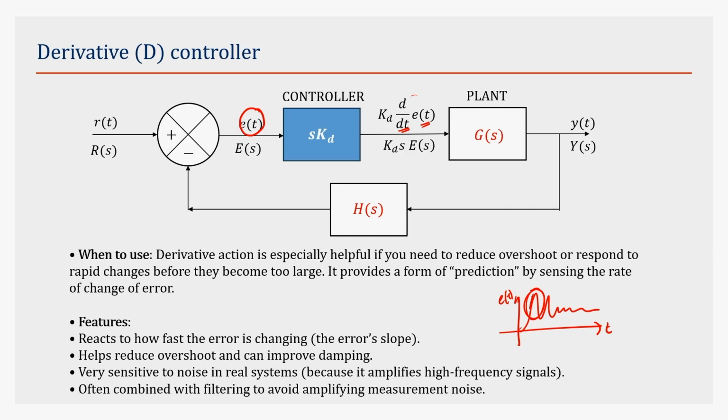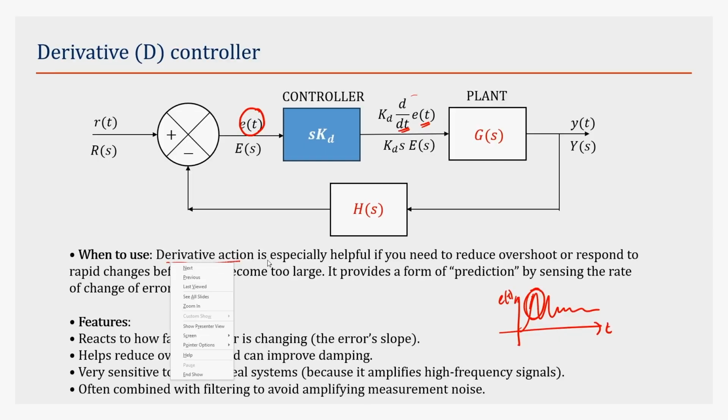Now, if the derivative controller is taking action on the rate at which the error signal changes, it tries to bring down the rate maybe. So, it is trying to attack the oscillations of the output. In that way you see derivative action is especially helpful if you need to reduce overshoot or to respond to rapid changes before they become too large.